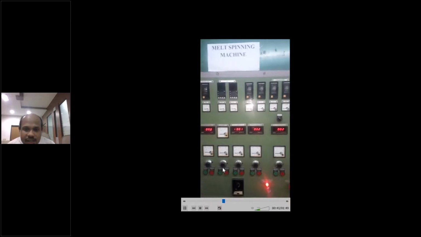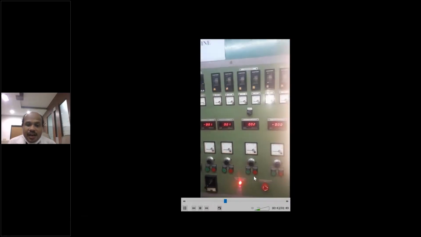So we are controlling the temperature and the spinning speed, because if you remember, we talked about LOY, HOY, FDY. That speed is set from the control panel, and this is the place where the fiber is coming. Here at the top is where the spinneret is placed. From the spinneret the fibers come out, and this place is the spinneret.